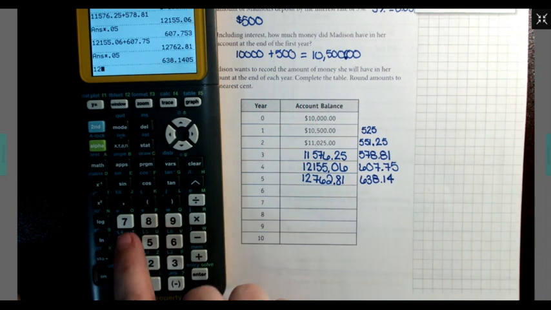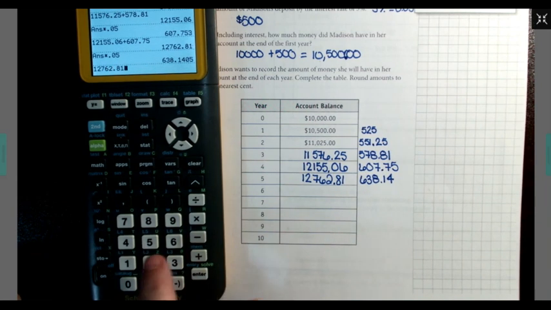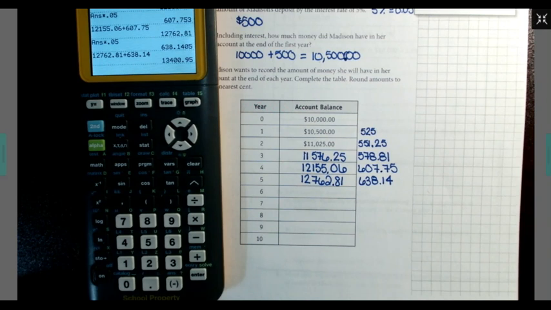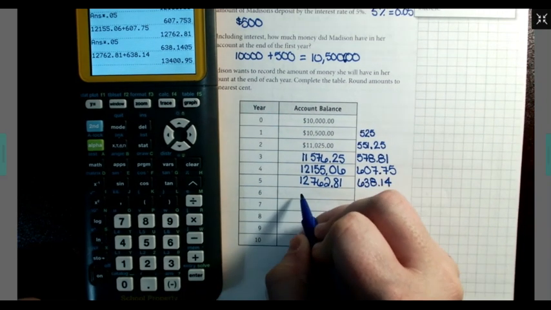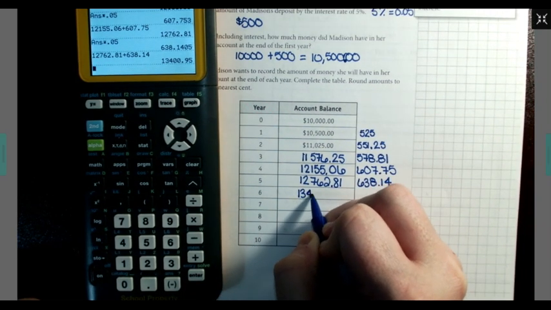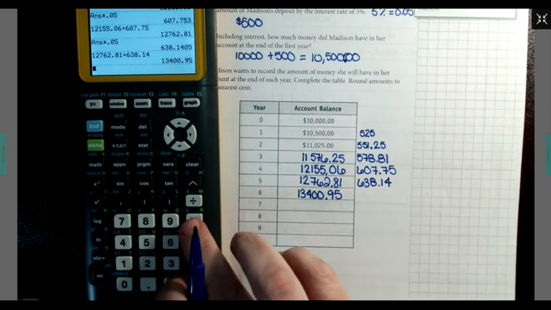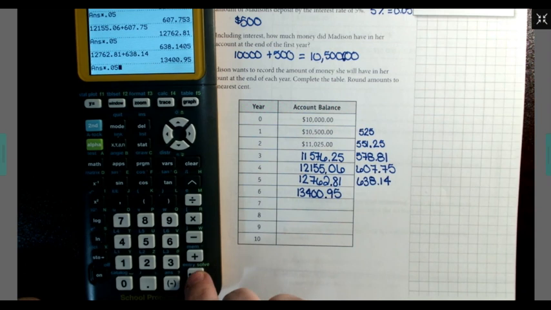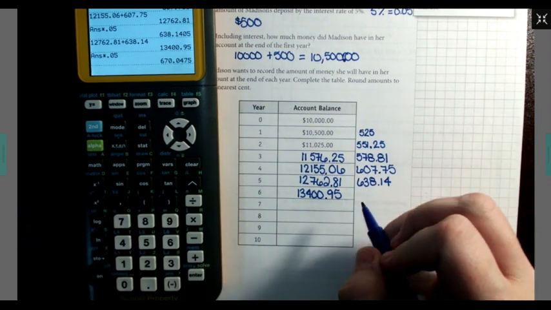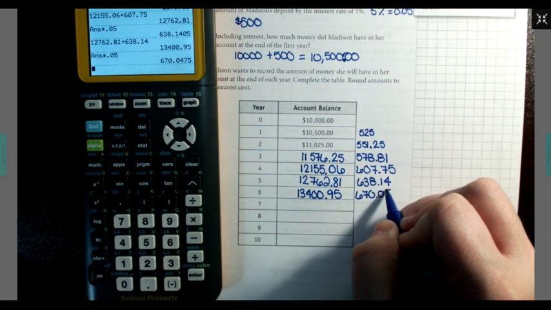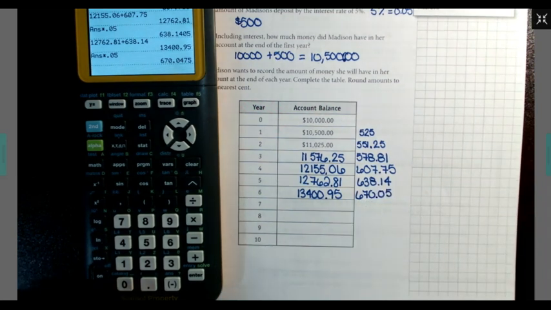We take our $12,762.81 and add the $638.14. We get $13,400.95. Now we multiply by our 0.05 again. For this year, we earned $670.05. Make sure you round that appropriately.